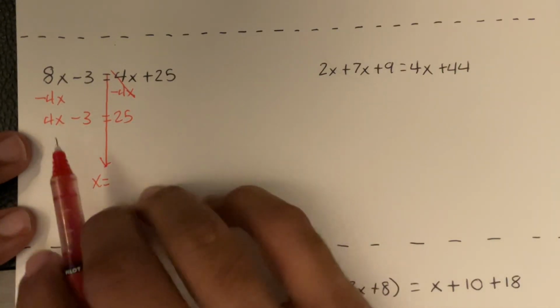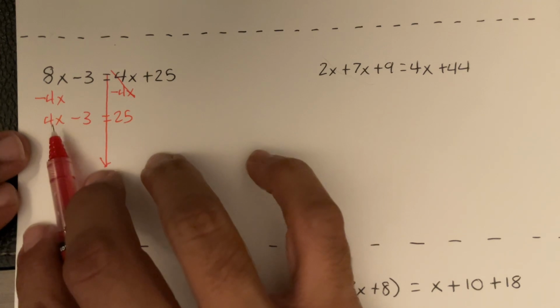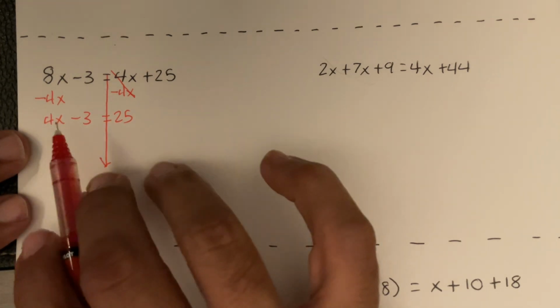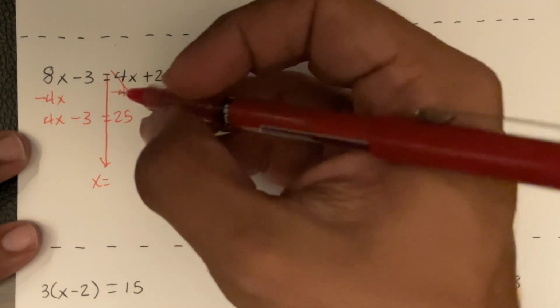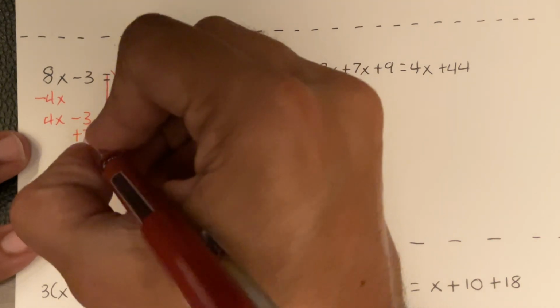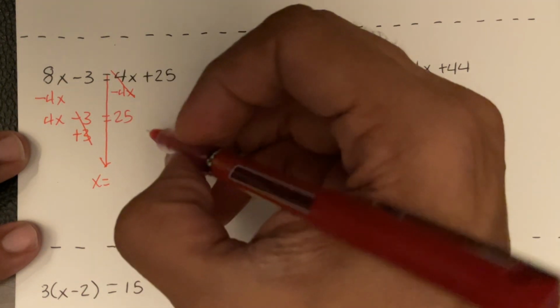Now we have to solve this two-step equation. We got to get rid of the 3 and we got to get rid of the 4. When you're getting rid of stuff in an equation, you have to get rid of it in the opposite order of PEMDAS. So we're going to get rid of adding and subtracting first. So the opposite of minus 3 is plus 3. So that's gone. Whatever you do to one side, you have to do to the other.